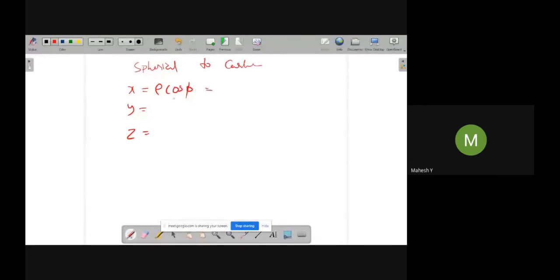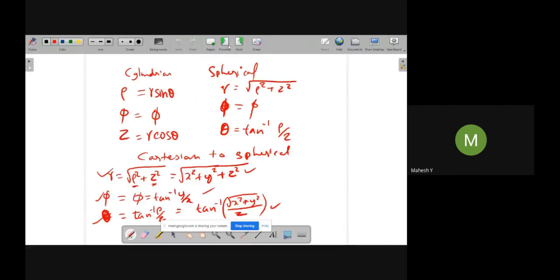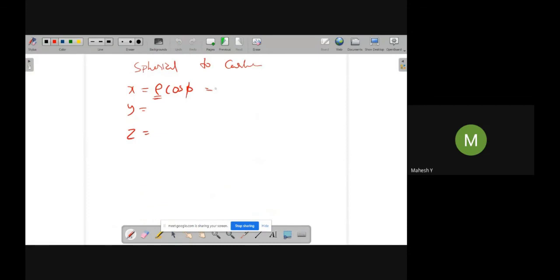Now phi is there in spherical, but rho is not there, so I have to substitute for rho. What is rho in terms of r, theta, and phi? Rho is equal to r sin theta.